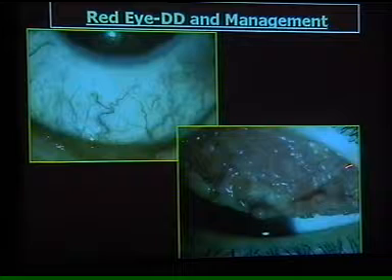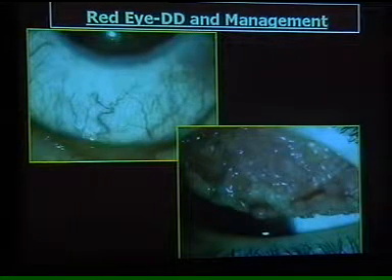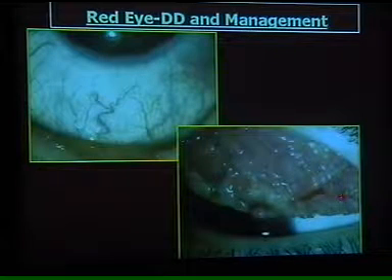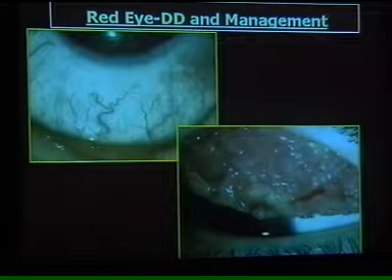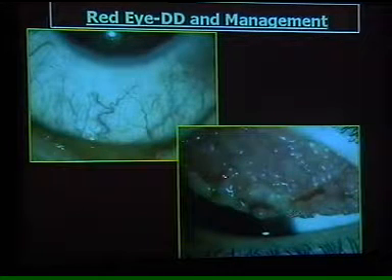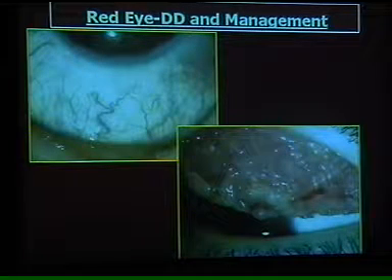These are the papillae of the conjunctiva, which are generally present in the palpebral conjunctiva, and due to intense allergic reaction they start to hypertrophy, and you can see they have a cobblestone type of appearance.